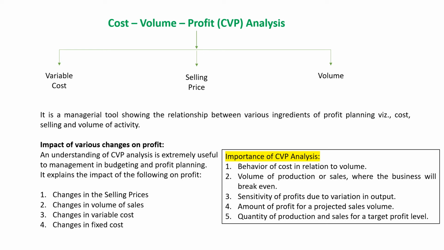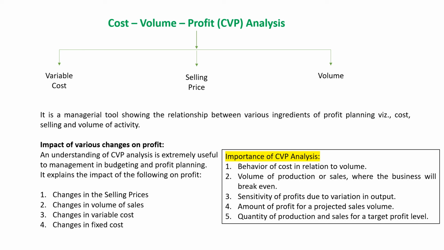However, this analysis helps the management in providing various information that is helpful in taking managerial decisions of continuing the business or discontinuing the business. One of the important uses of this analysis is the behavior of cost in relation to volume, that is sensitivity of cost. Suppose at what level of volume, what will be the cost of production.